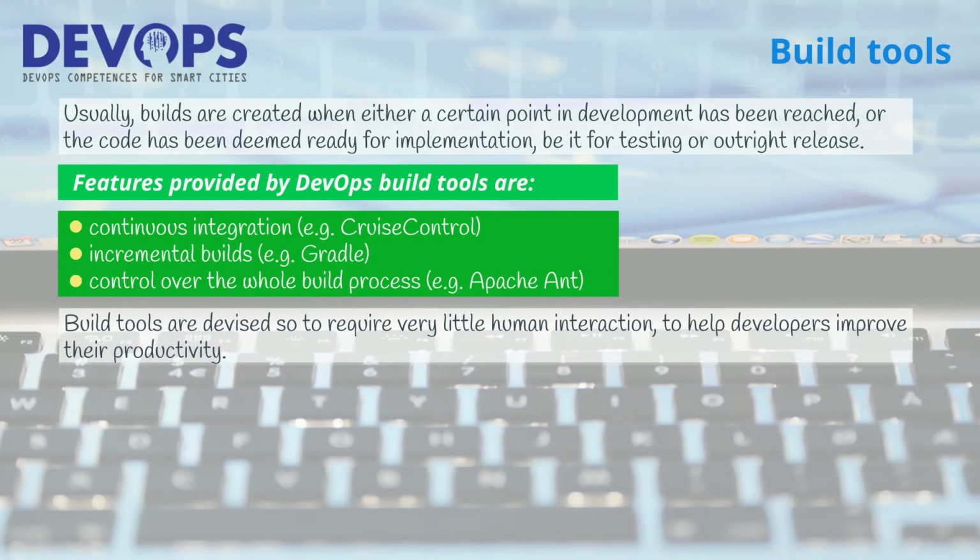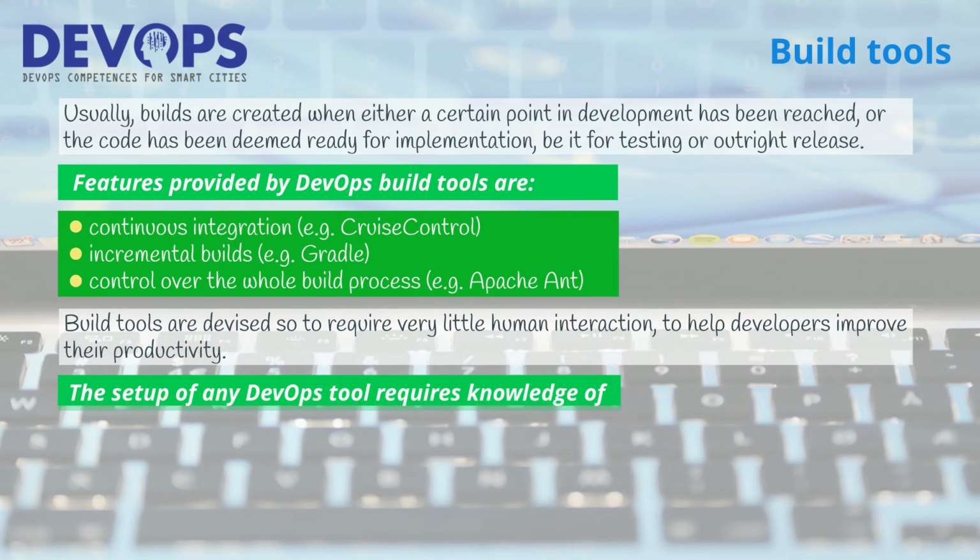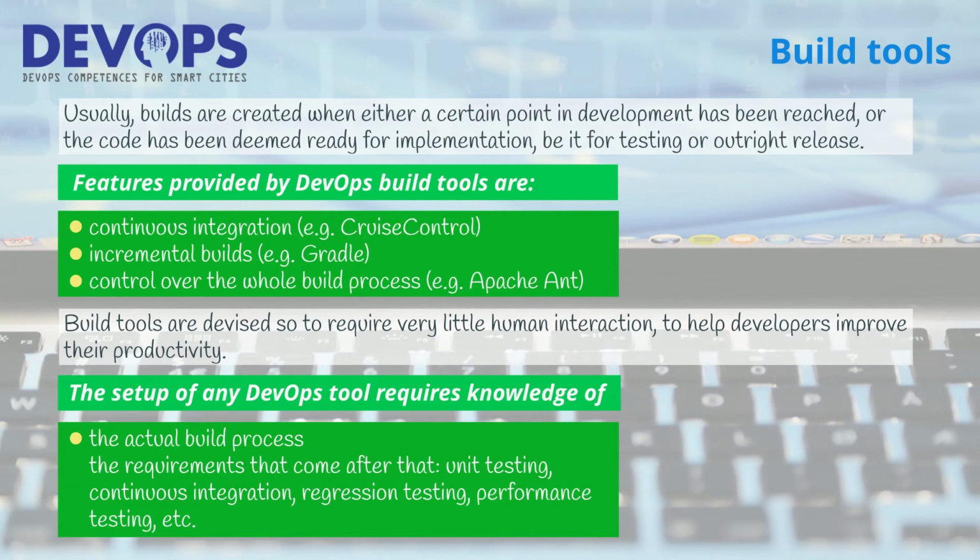Build tools are devised to require very little human interaction, to help developers improve their productivity. The setup of any DevOps tool requires knowledge of the actual build process, the requirements that come after that, unit testing, continuous integration, regression testing, performance testing, etc.